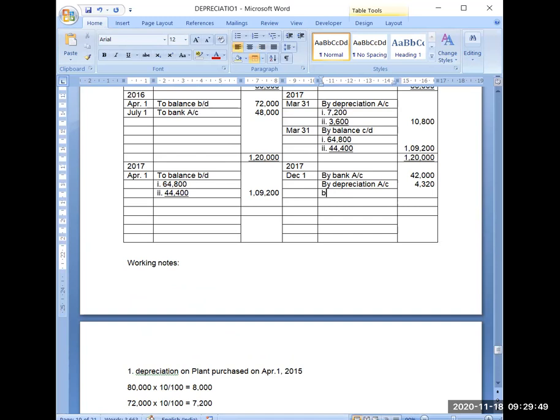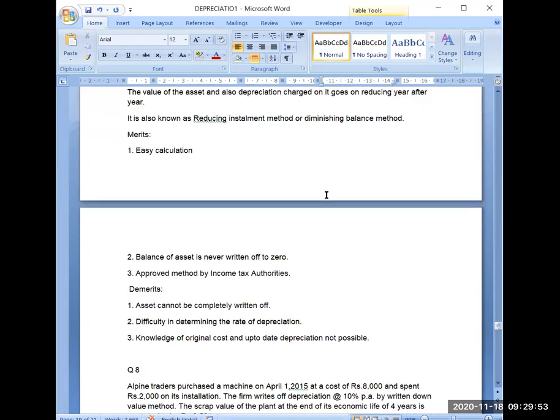Now we have to calculate the profit and loss. So for that we have to make the working note.